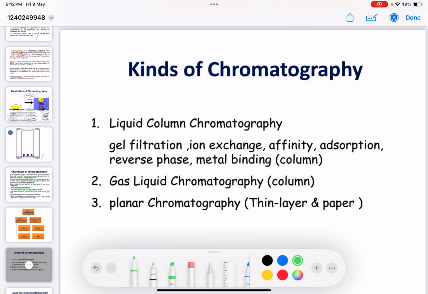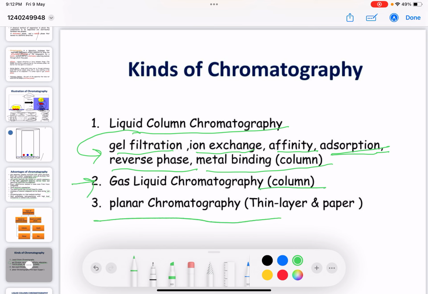First, liquid chromatography: we have gel filtration, ion exchange, affinity, adsorption, reverse phase, and metal binding chromatography. Next, we have gas liquid chromatography and planar chromatography. Planar chromatography has two types: thin layer chromatography and paper chromatography.